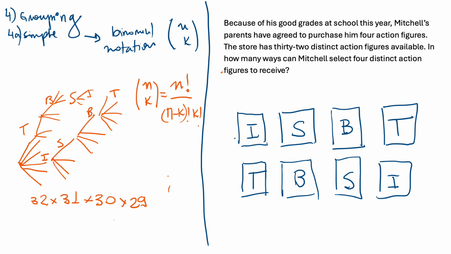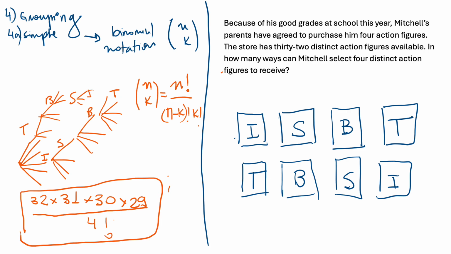So what we're going to do is 32 times 31 times 30 times 29, and divide by all the permutations, all the shuffling. How many shuffling alternatives do I have here? How many permutations? 4 factorial, right?